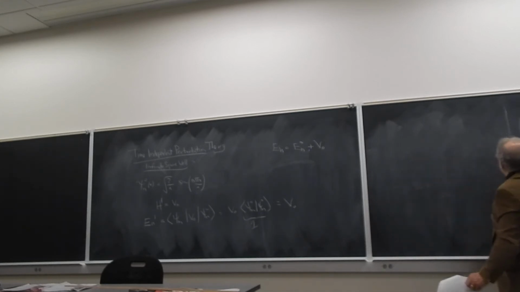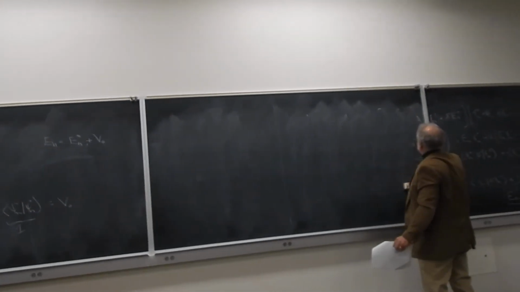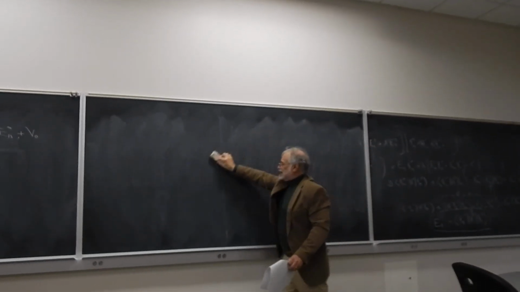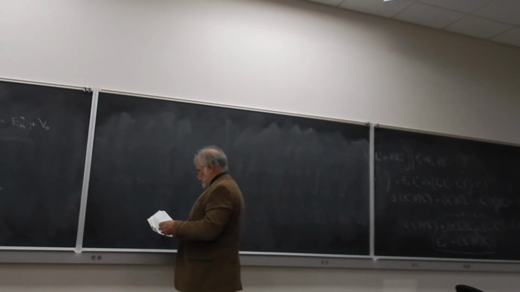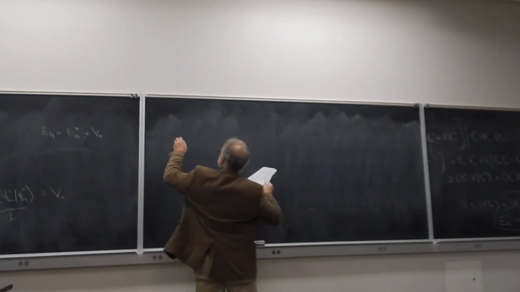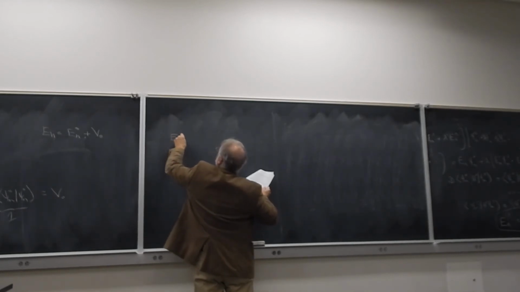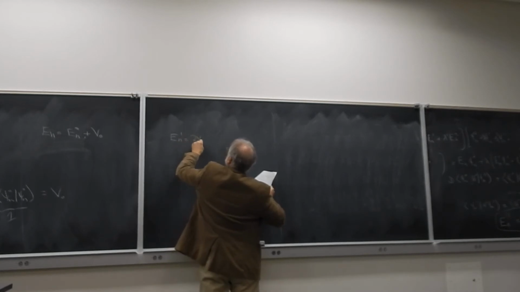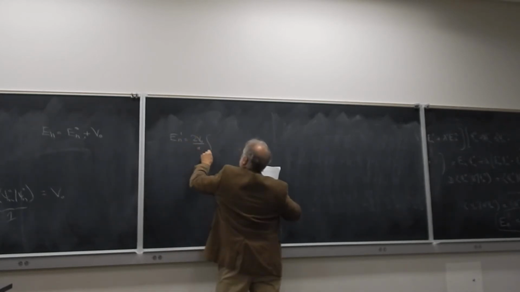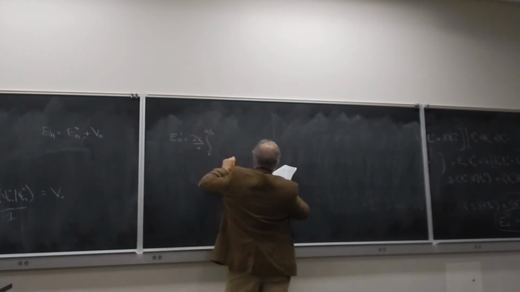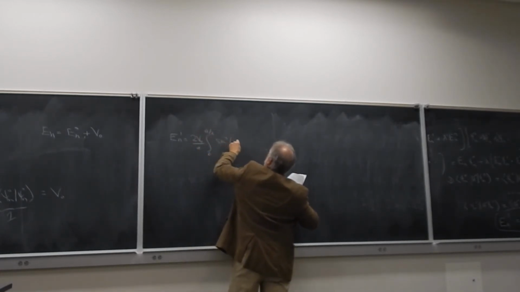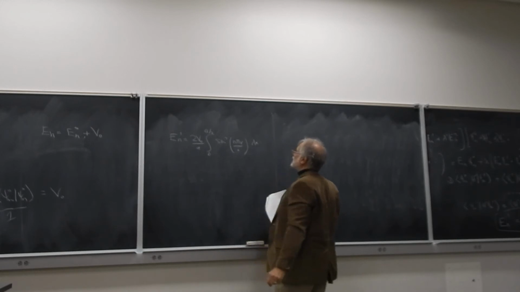Let's make it more interesting. Now suppose the perturbation only extends halfway across the well. How does that change things? Well, in that case, I'm going to write my new energy correction as 2V naught over a, integral from 0 to a over 2, sine squared n pi x over a dx.